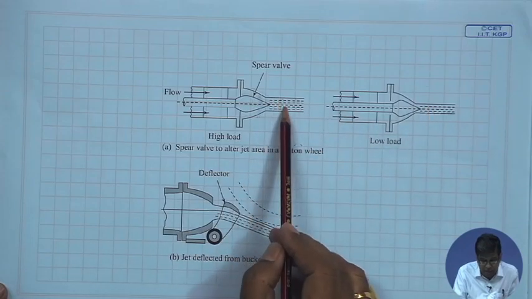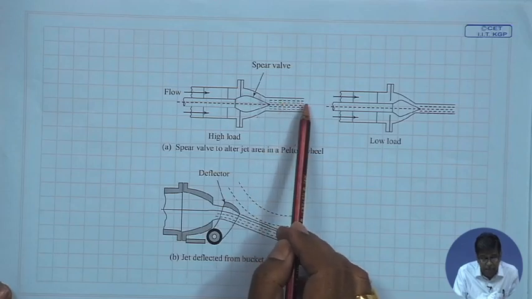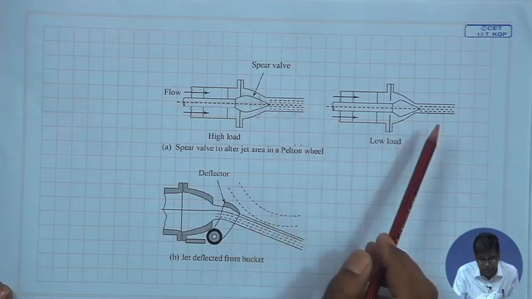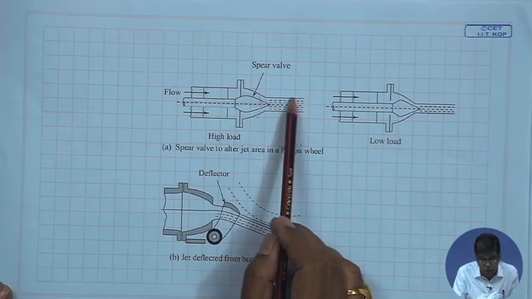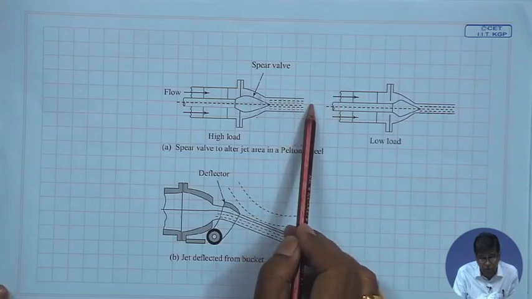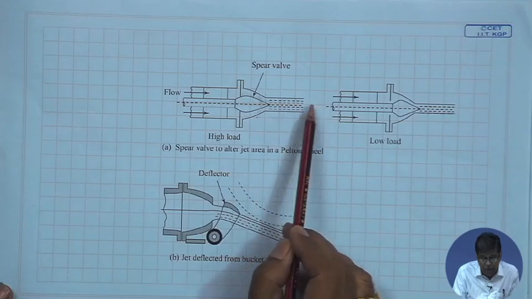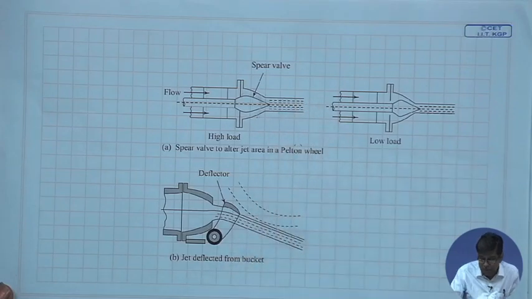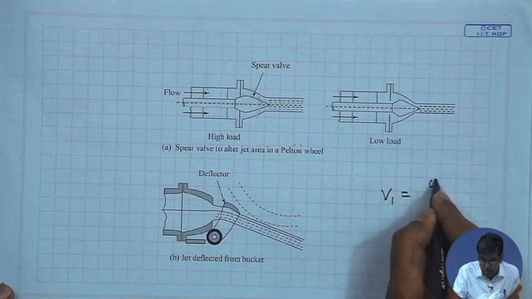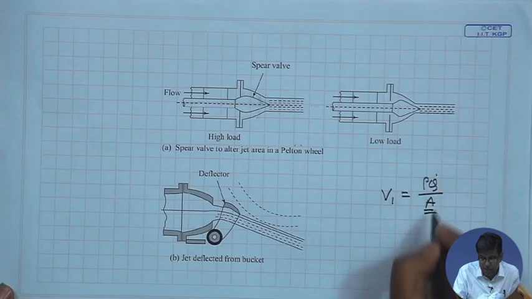That means the cross sectional area of the jet is changed in such a way that the change in the mass flow rate of the fluid, as demanded by the change in the load, is in proportion to the change in the area, so that we can execute this change by keeping the velocity same, because velocity V1 is equal to Q dot rho, that is mass flow rate, divided by the cross sectional area of the jet.